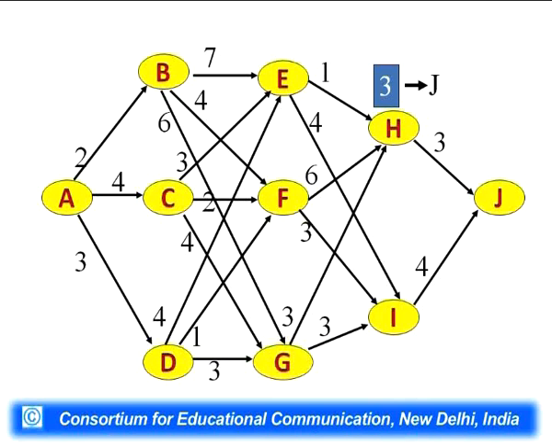Now, starting from J we can reach H, because I said starting from the end point we have to go till A. The shortest possible route is HJ, which is 3 kilometers, and the arrow shows that we are coming from point J. We are reaching H coming from J. Similarly, the next point is I, which is 4 kilometers, and which also shows that we are coming from J. So from H to J is 3 kilometers, from I to J is 4 kilometers.